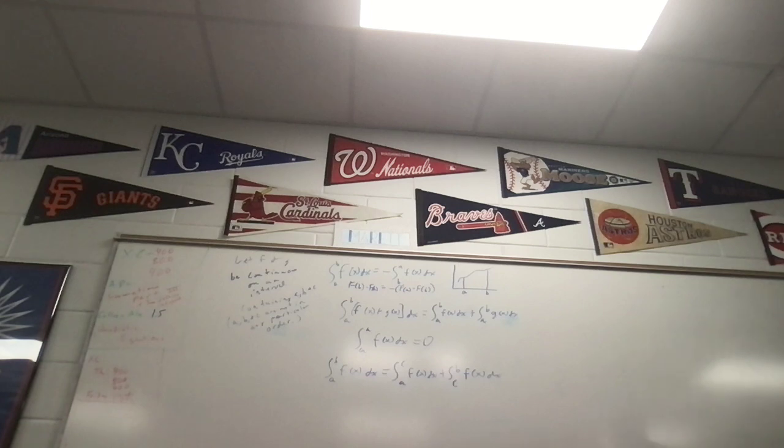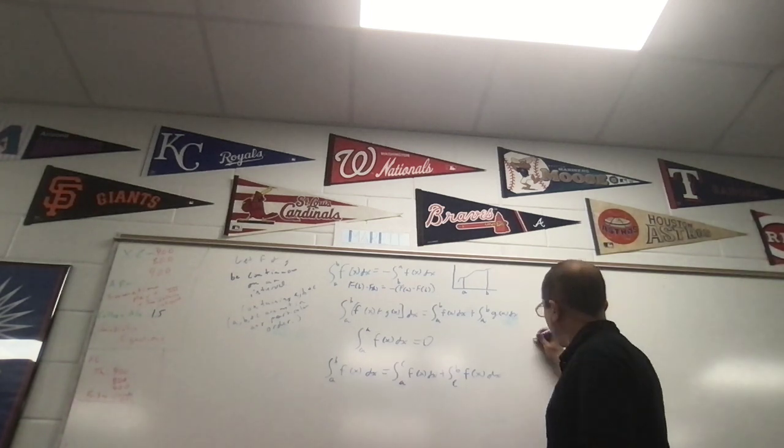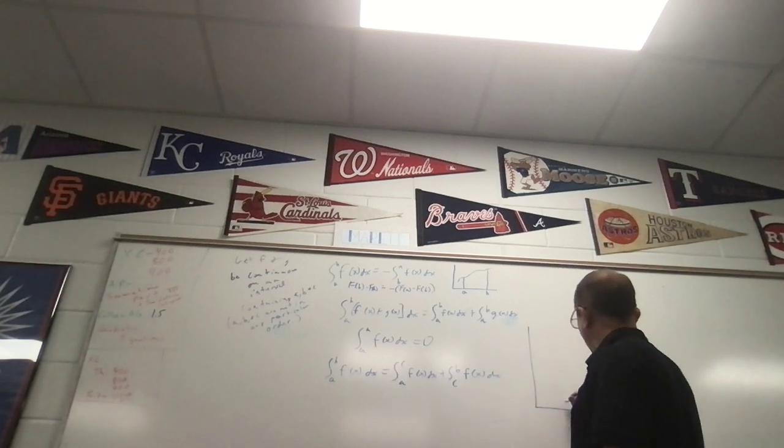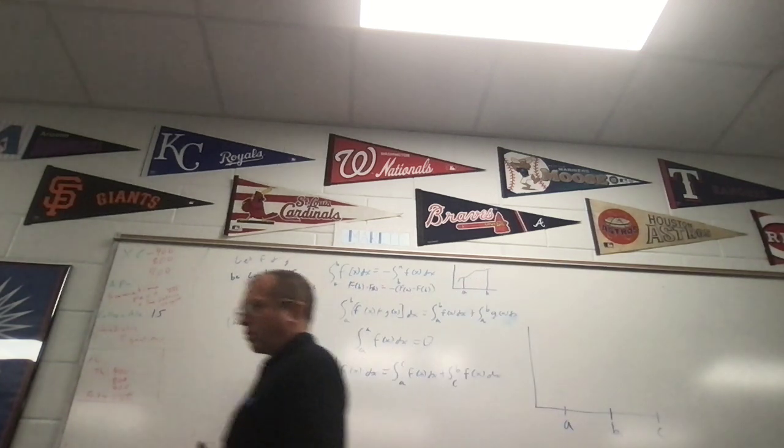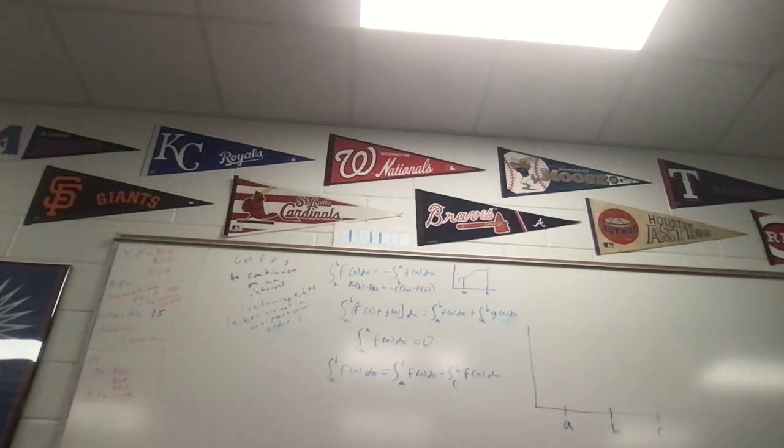So I want us to look, though, at something. And again, we're taking into this the context of area. Now, I'm going to do something you're probably not expecting to see here. I'm writing A, B, and C in that order, A, B, C, but it doesn't have to be in this order.